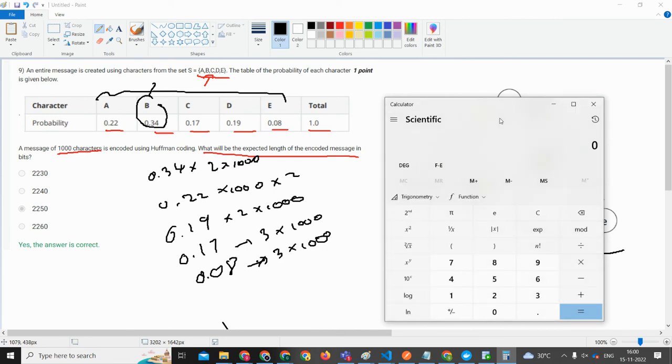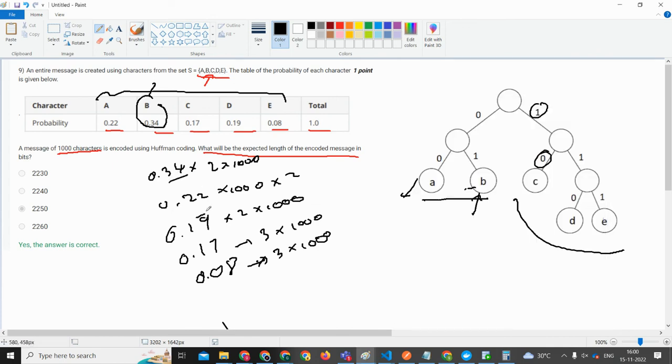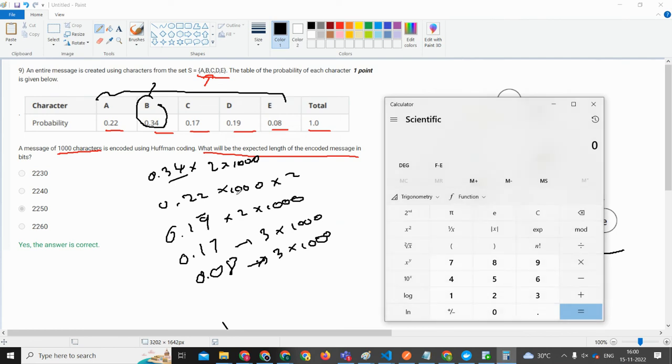So when you multiply this with 1000, these all will become 340, 220, and so on. Okay, I'm going to use it like that. So 340 times 2 plus 220 times 2. 2 refers to the 2 bits. Okay, plus 190, let's ignore that, times 2.